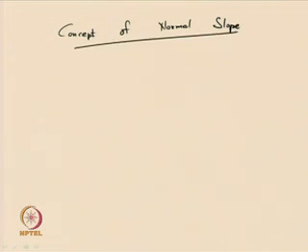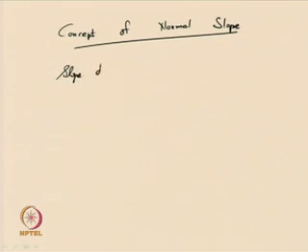So, let us introduce the concept of normal slope. What is meant by normal slope? As we have already mentioned, for uniform flow you have the depth of flow named as normal depth.